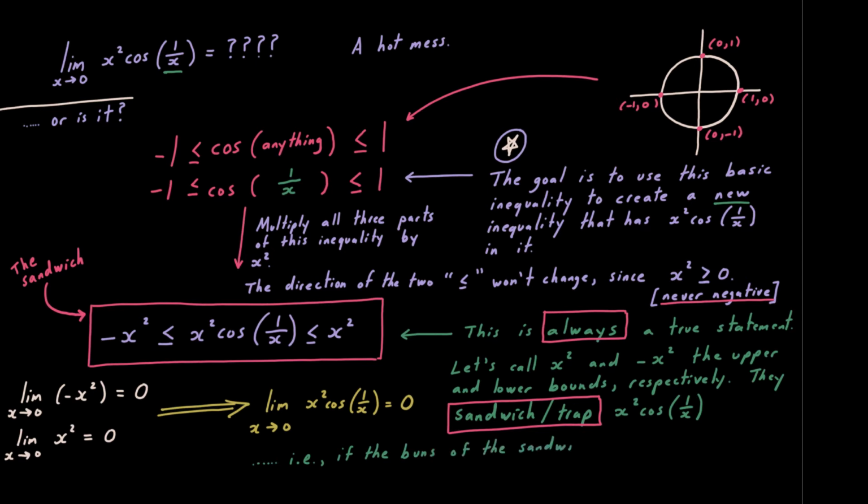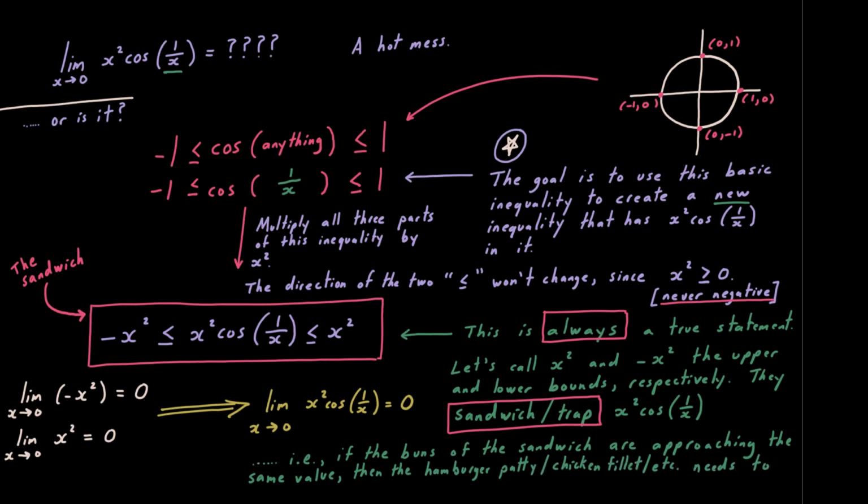And all that means, the intuition here is that, look, if the buns of the sandwich are approaching the same value, then the filling, the hamburger patty, the chicken fillet, whatever suits your fancy, that needs to also approach the same value. If it doesn't approach the same value, it would no longer be a sandwich. But it has to always be a sandwich. That inequality boxed in pink has to always be true.